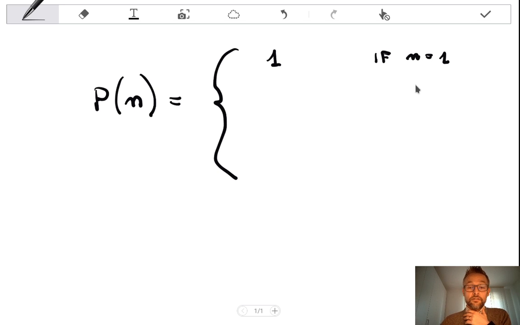Now if n is different from 1, as already shown on the slides, we may split the chain in two different subchains for every k going from 1 up to n minus 1.